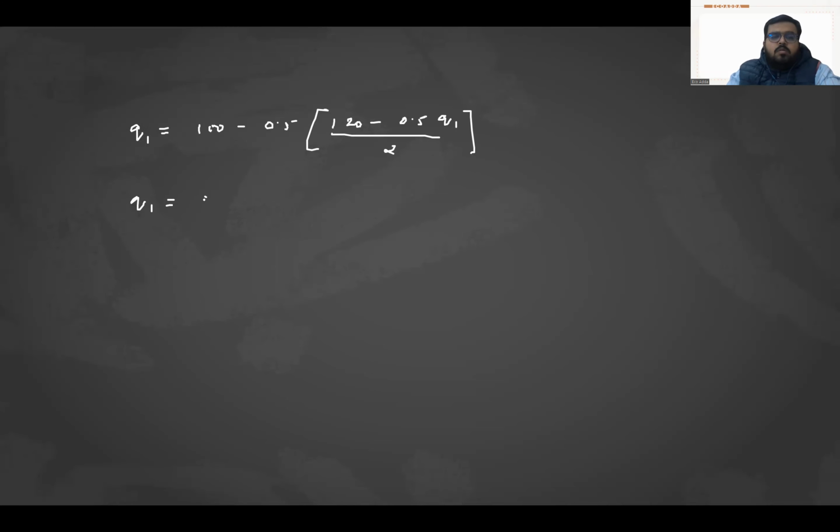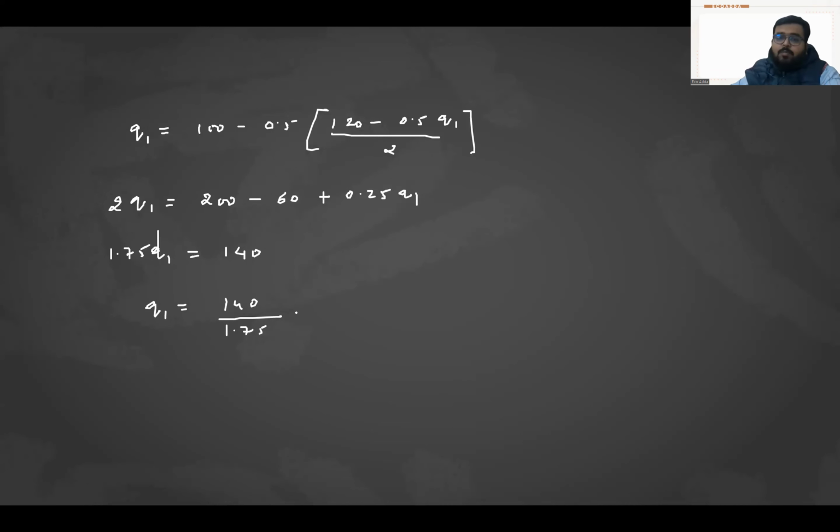This was Q1 = 200 - 60 + 0.25Q1, and 2 will come here, and this is 1.75Q1 = 140. Now Q1 = 140/1.75.